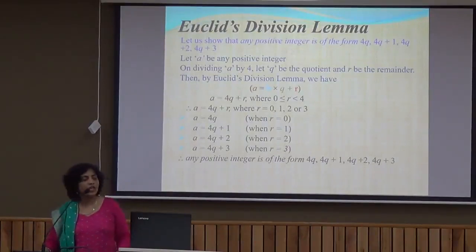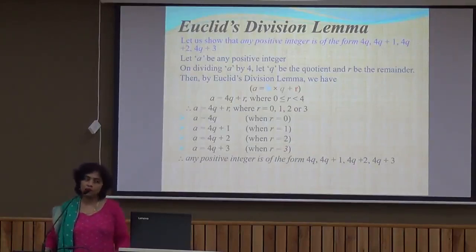We take any positive integer and divide it by 4. Let q be the quotient and r be the remainder. According to our division lemma, a is equal to 4q plus r, and r should be less than 4. It can take any value 0, 1, 2 and 3 but not greater than 3.